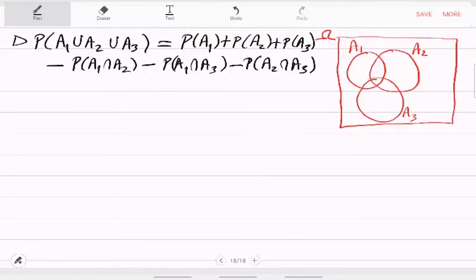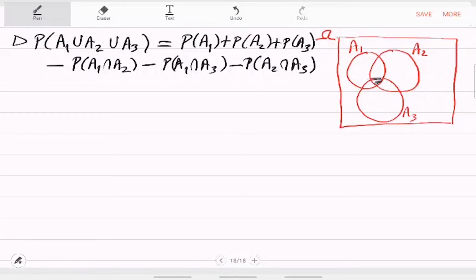Is this correct? Actually this would have been correct if this part in the center was not there, an element belonging to all 3. If that element was not there, then we can stop at this formula.